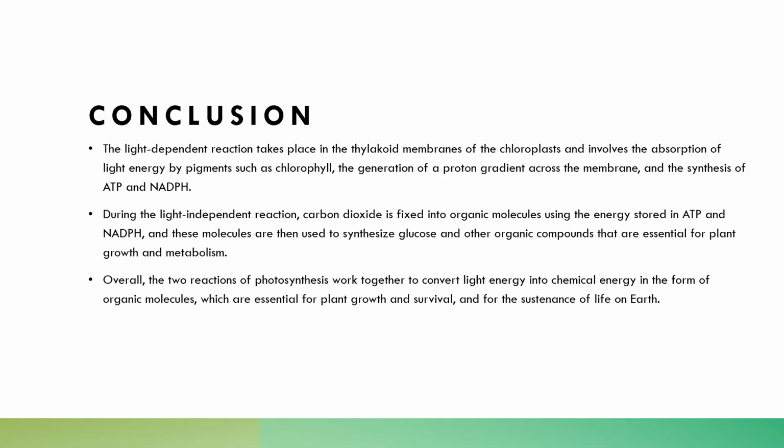The Calvin cycle involves a series of enzymatic reactions that use the energy stored in ATP and NADPH to synthesize organic molecules such as G3P. Overall, the two reactions of photosynthesis work together to convert light energy into chemical energy in the form of organic molecules, which are essential for plant growth and survival and the sustenance of life on Earth.